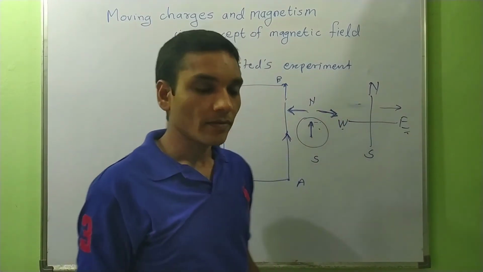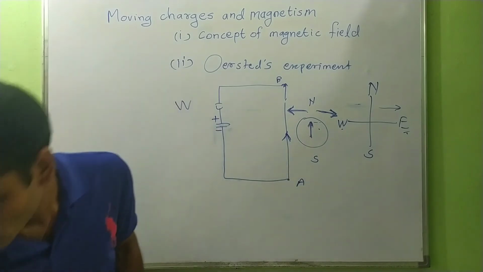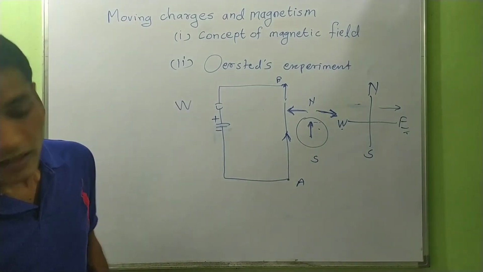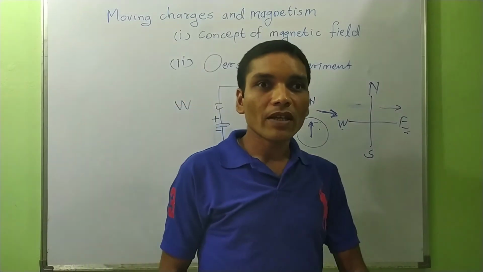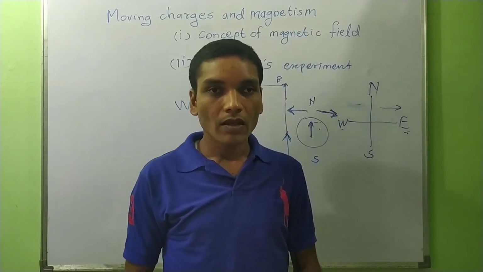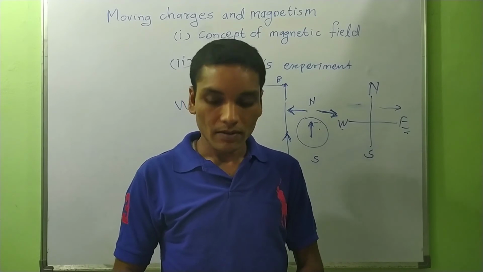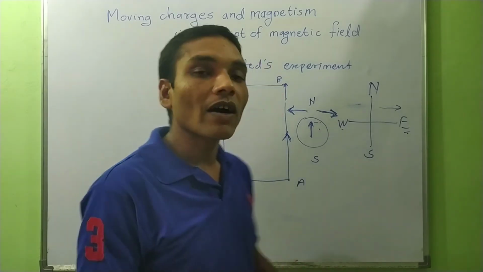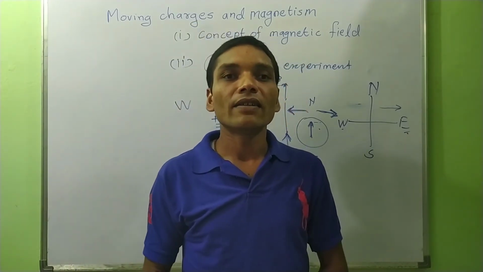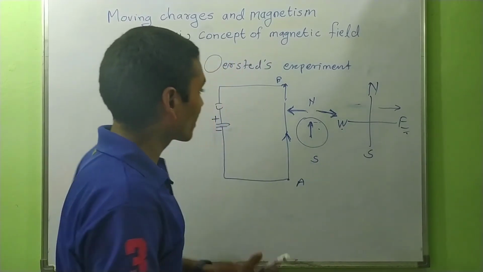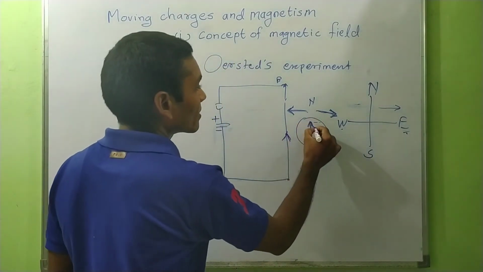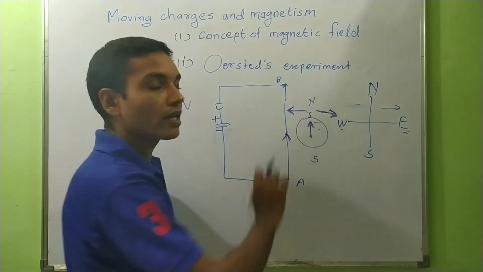Okay, and the third point is Ampere's swimming rule. Ampere gave a rule to find the direction of deflection of the north pole of the magnetic needle.